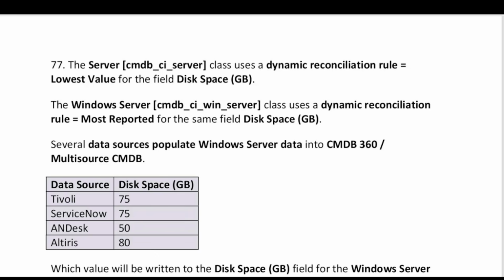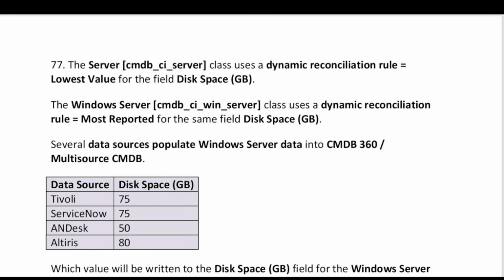Question is, the server within bracket cmdb_ci_server class uses a dynamic reconciliation rule equal to lowest value for the field disk space GB. The Windows server within bracket cmdb_ci_win_server class uses a dynamic reconciliation rule equal to most reported for the same field, disk space in GB.